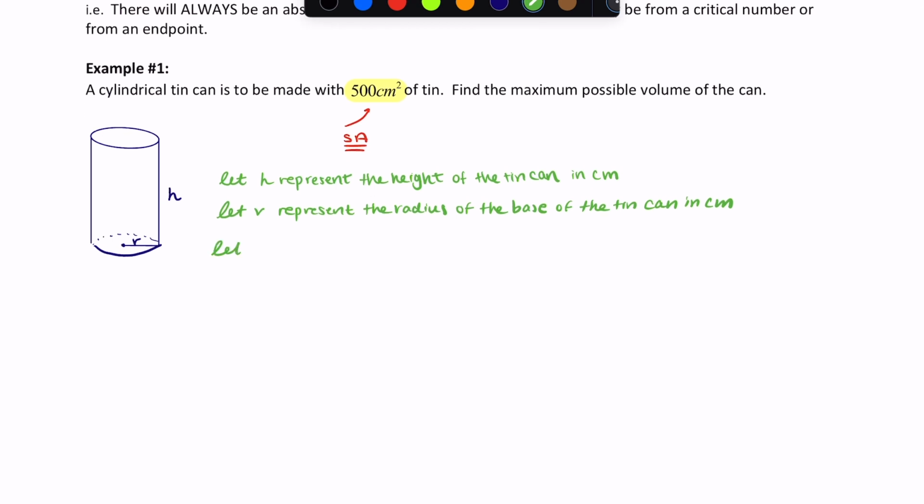We're going to let SA represent the surface area, and this is going to be in centimeters squared. And then finally, we'll let V represent volume in centimeters cubed.